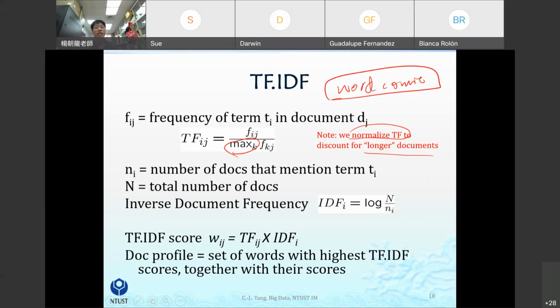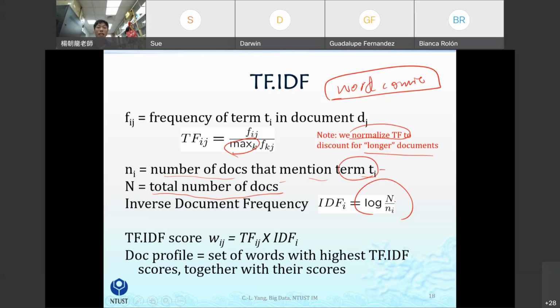And the inverse document frequency is basically what you can see here. N is the total number of documents, and n_i is the number of documents that mention the particular term. So let's say there are 1,000 different documents, and I want to check which documents mention my name.